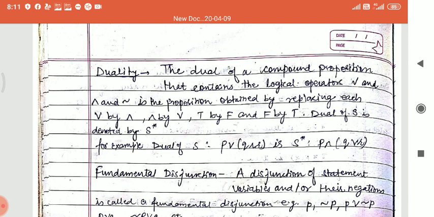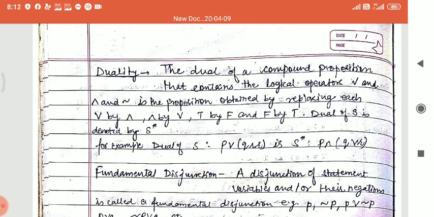Earlier in set theory we also had a principle of duality, in which union is converted to intersection, intersection to union, and universal set to phi and phi to universal set.